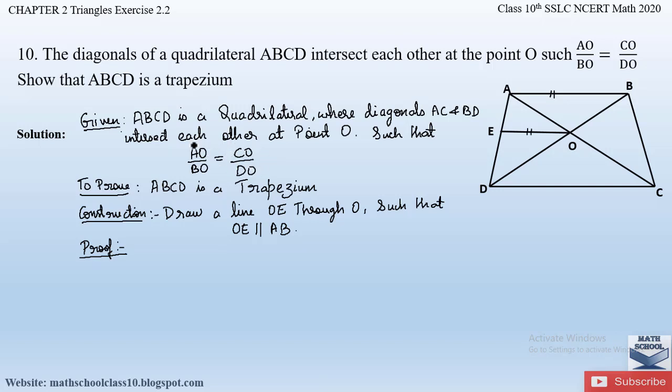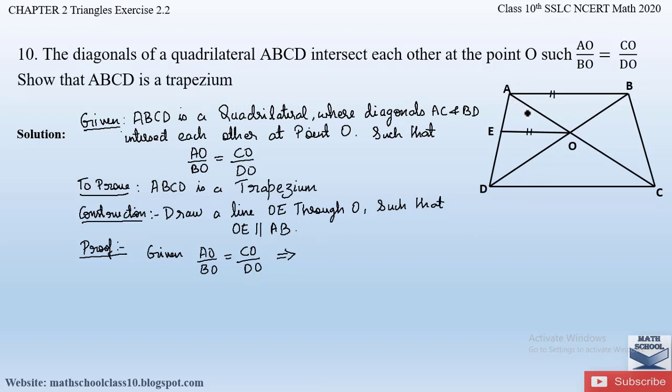Let us take the ratio which they have given: given AO by BO is equal to CO by DO. Now let us interchange, or cross multiply, or send BO to the right hand side and CO to the left hand side, so that we get AO by CO is equal to BO by DO.